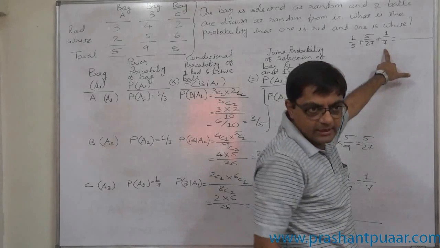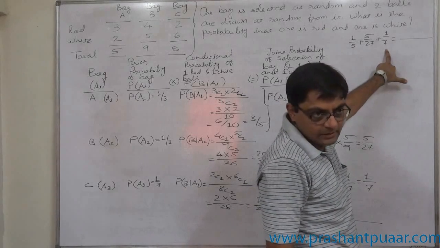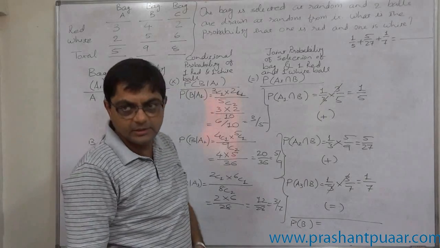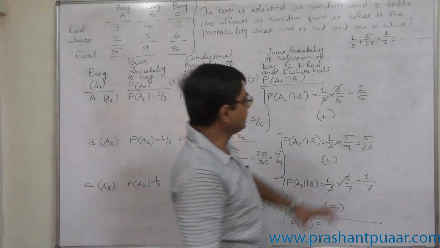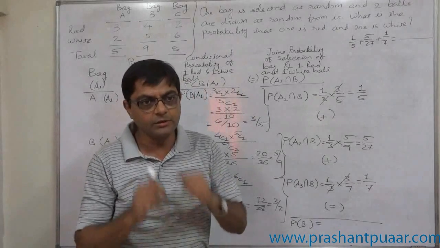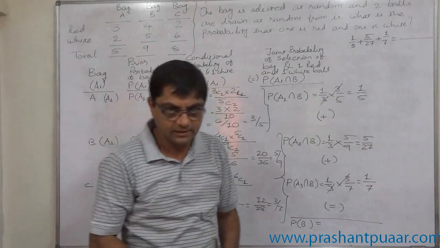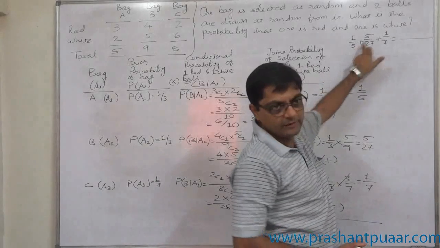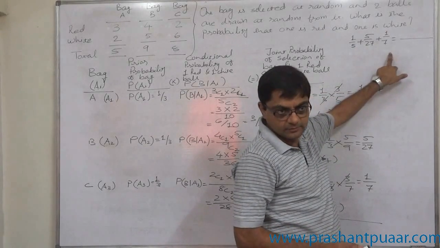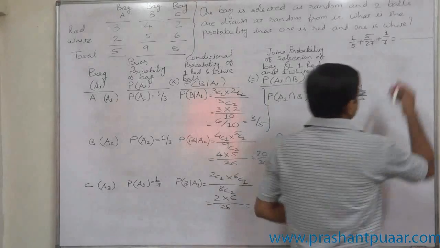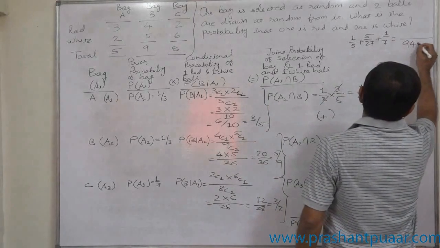If yes, then we can take 135 as LCM. If not, then we have to take another LCM. The other nice case is to multiply all three: 27 into 5 into 7. Yes, it comes to 945, because 27 into 5 is 135, and 135 into 7 is 910 plus 35. So it comes to 945.